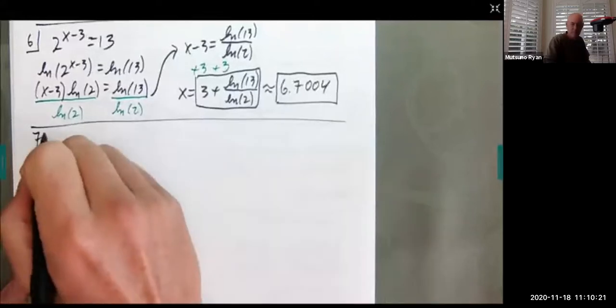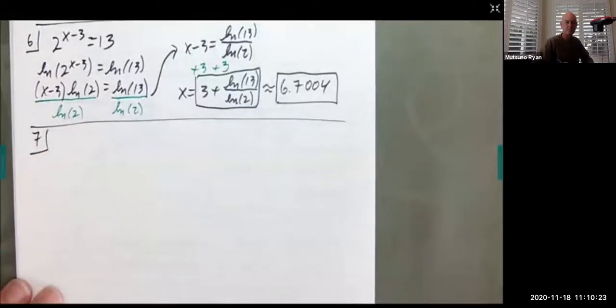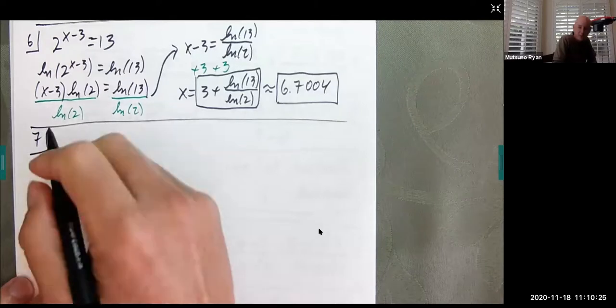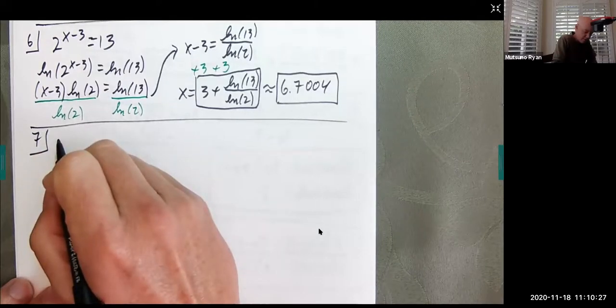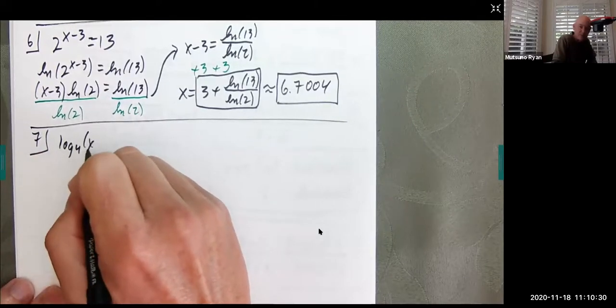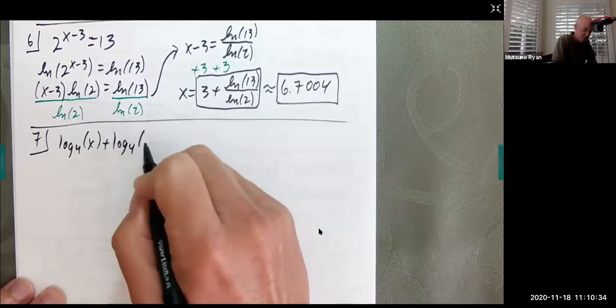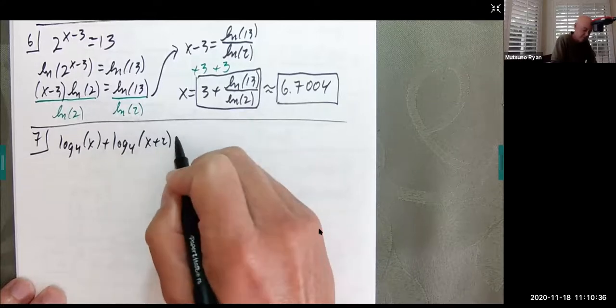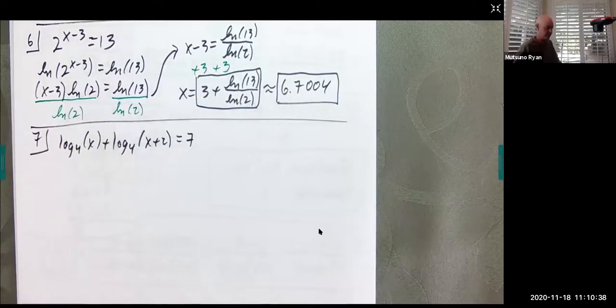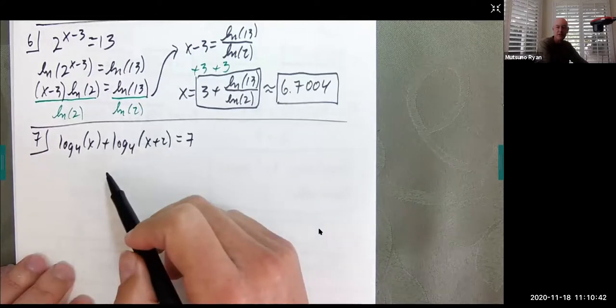Number 7. Here we have the log base 4 of x plus the log base 4 of x plus 2 equals 7. And when I have this, when I have addition, that tells me that I actually need to turn that into one logarithm.